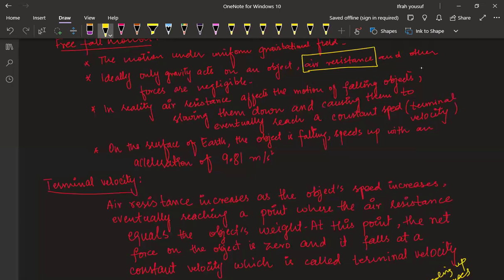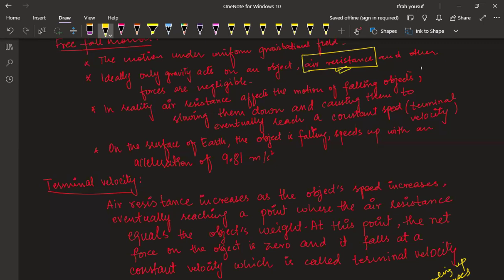So ideally, we can say that if there is no air resistance, then whatever the size of the object, all objects will move with the same speed.